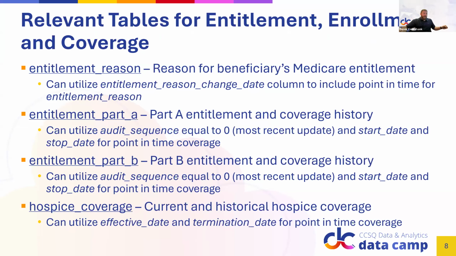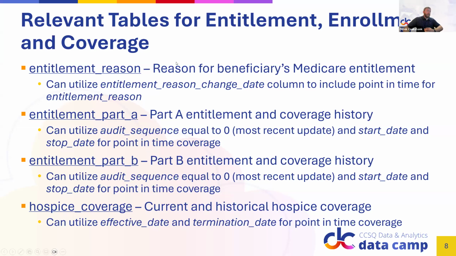And again, this is where it doesn't make a ton of sense how the tables are being named, because we have an entitlement reason table, which is really the whole point in time around why, or how, the beneficiary meets entitlement to Medicare benefits.